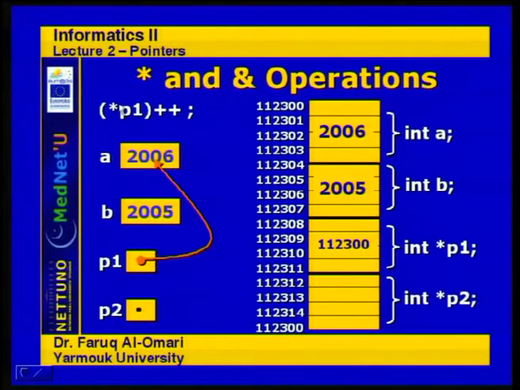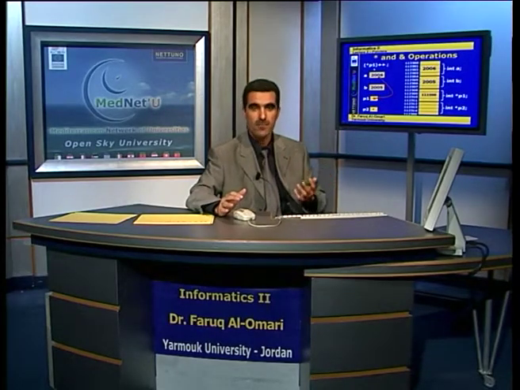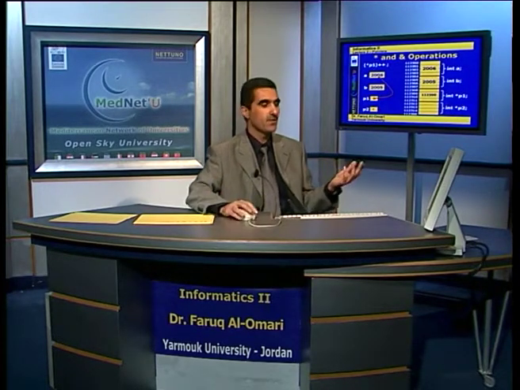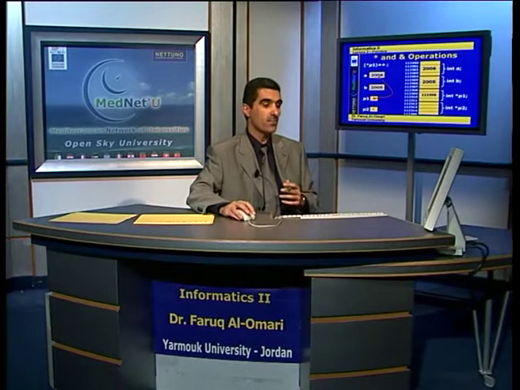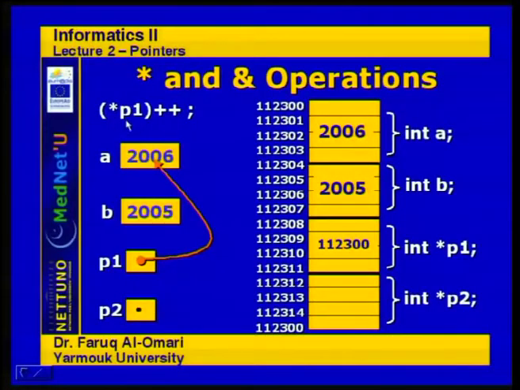What can I do more? Well, basically any valid statement in C which we perform on variables can be performed using pointers. For example, I can increment the content of this location. So I can say something like asterisk P1 between two parentheses, plus plus. That means increment whatever data is pointed to by variable P1.